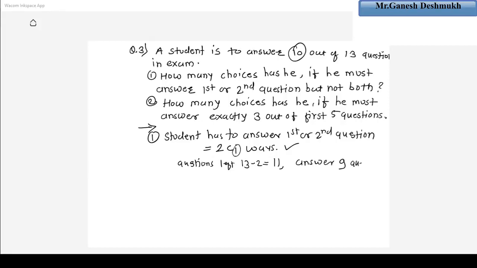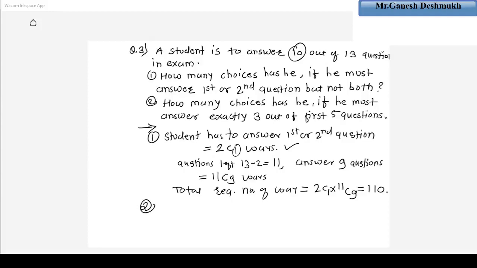This can be done in 11C9 ways. So the total number of ways is 2C1 into 11C9. If you expand this, you should get the answer as 110.